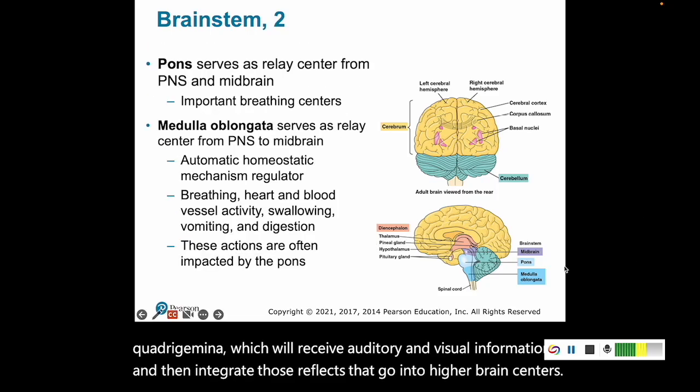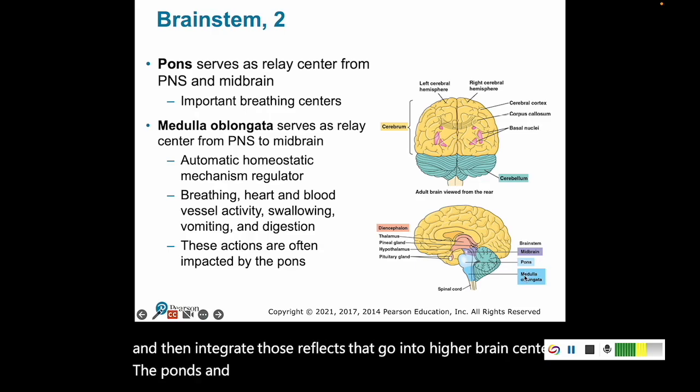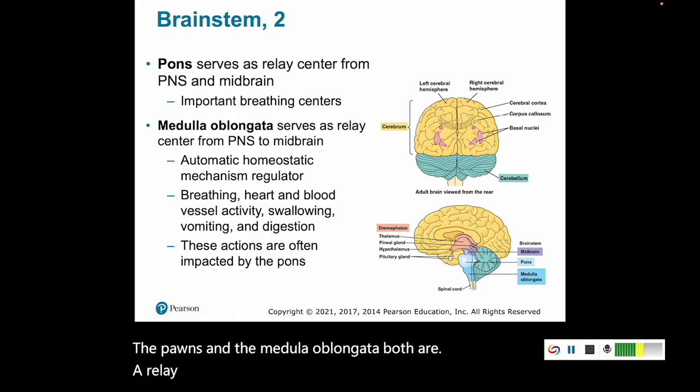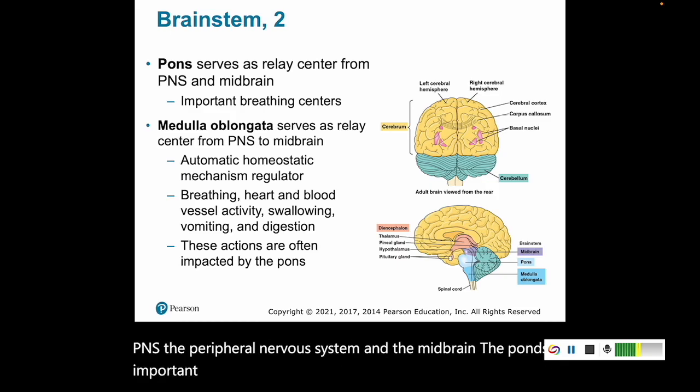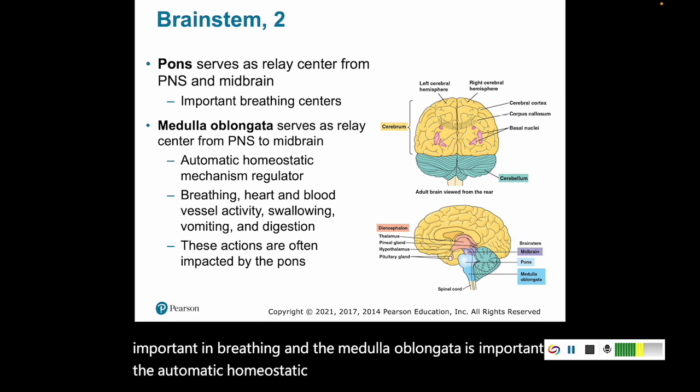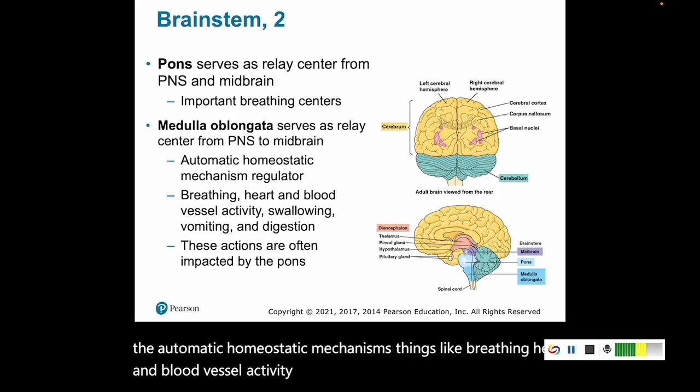The pons and the medulla oblongata both are a relay center, kind of a command center on the way between the PNS, the peripheral nervous system, and the midbrain. The pons is important in breathing, and the medulla oblongata is important in the automatic homeostatic mechanisms, things like breathing, heart and blood vessel activity, swallowing, vomiting, and digestion.